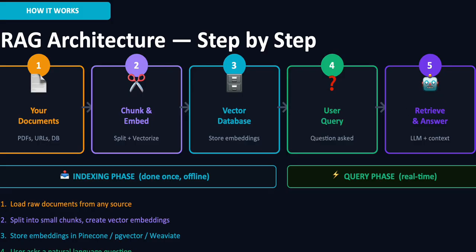The system converts that question into an embedding too. Then it searches the vector database, finds the top 3 to 5 most similar chunks from your handbook, and sends both the question and those chunks to ChatGPT.